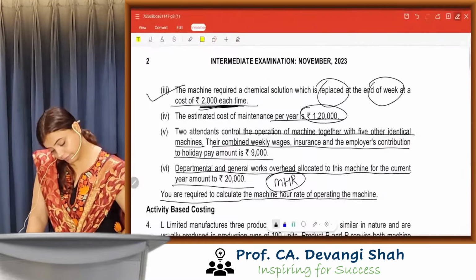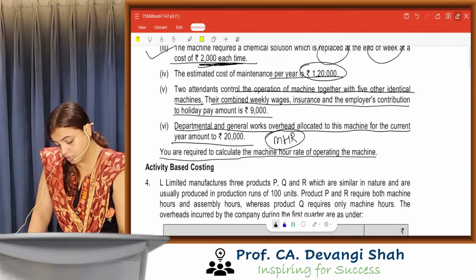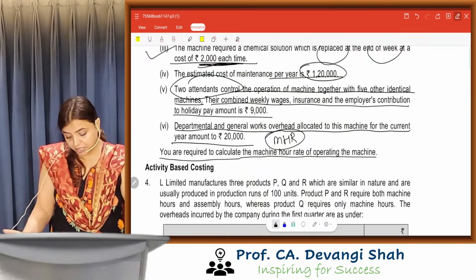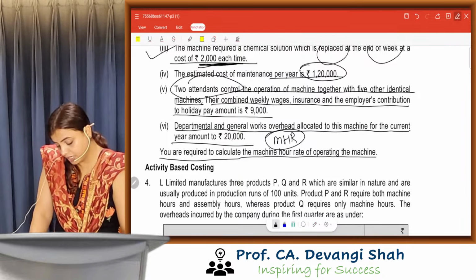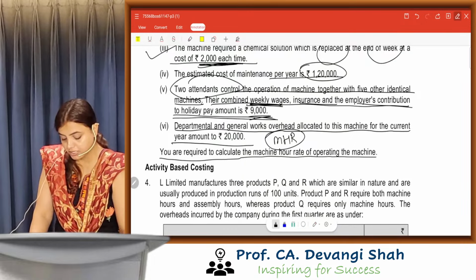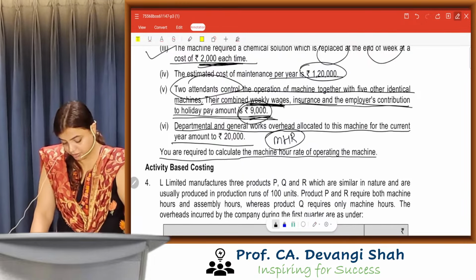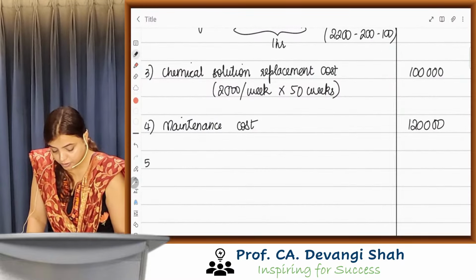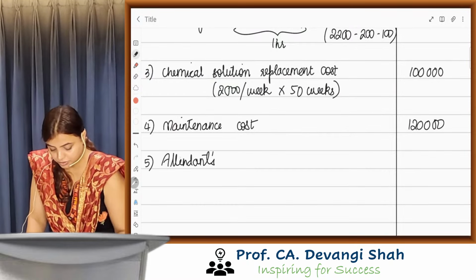Next, two attendants control the operation of the machine along with 5 other identical machines. Their combined weekly wages, insurance, and employer's contribution to holiday pay amount to 9,000. Okay, these are weekly wages. So first let me tell you, what we are calculating is attendance wages.